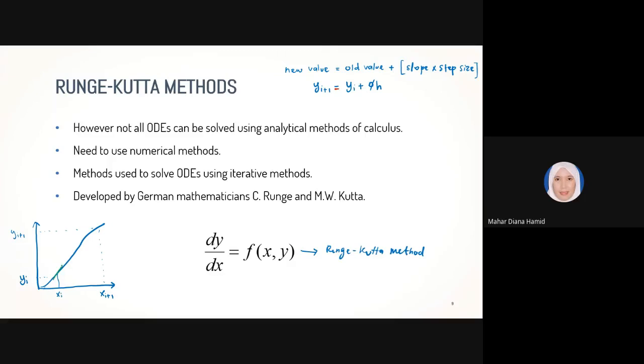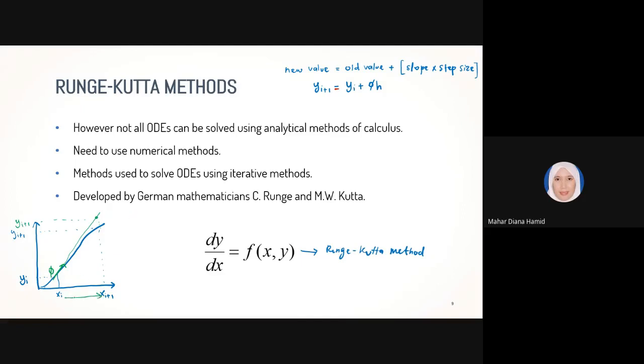The slope that we estimated here, which we refer to as phi, is used to extrapolate from an old value y subscript i to a new value y_i plus 1 to get this, over a distance of h.